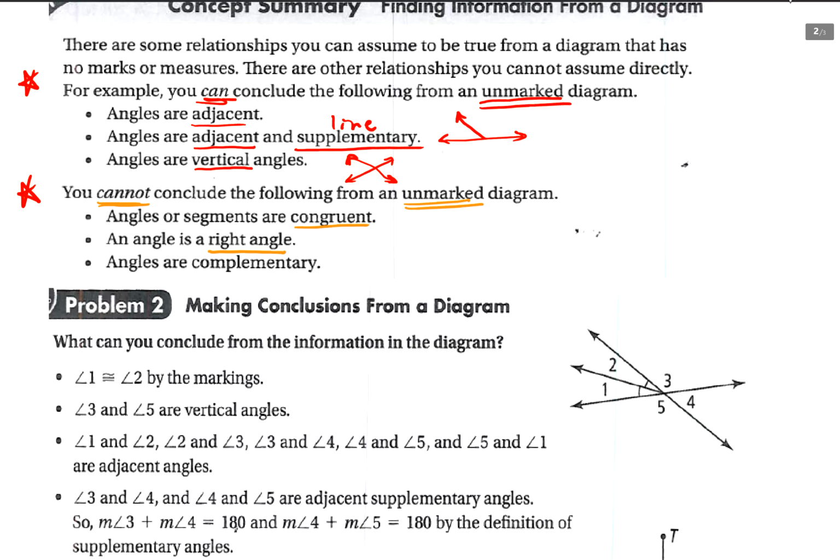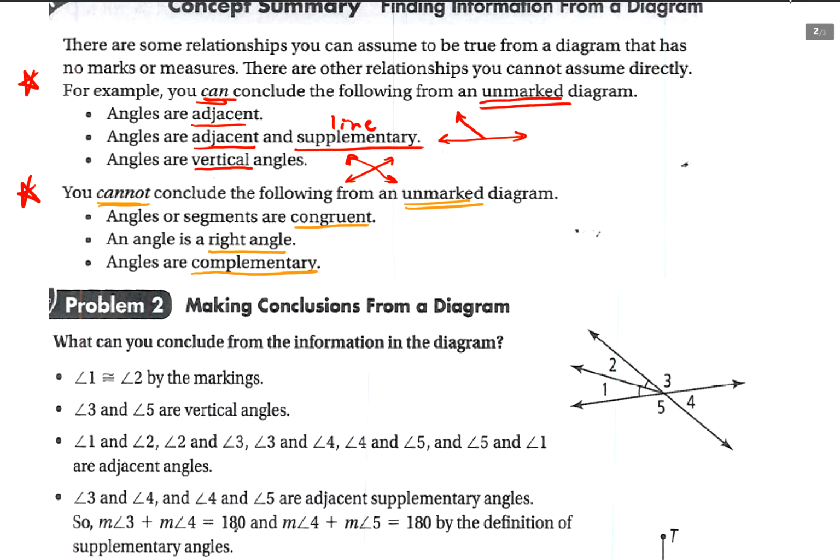It may look like a right angle, but unless it is marked, or unless you are told that it is a right angle, or that lines are perpendicular, which by definition makes a right angle, you cannot assume a right angle. And in the same sense, you cannot assume that things are complementary. Now, we said we could assume supplementary, but that's because they make a line. You cannot assume complementary, right angles, and especially you cannot assume that things are congruent.